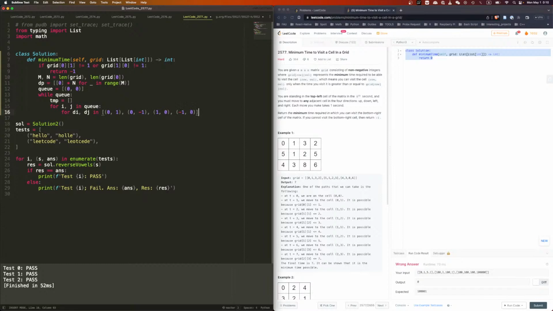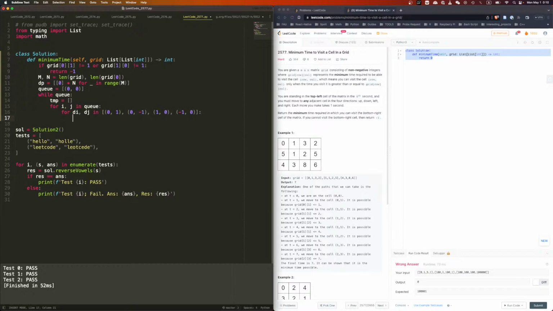Okay, actually, you go 4 directions. Yeah, because you do go 4 directions. Then what? No, I don't think you go 4 directions. I think you just go right and go down.